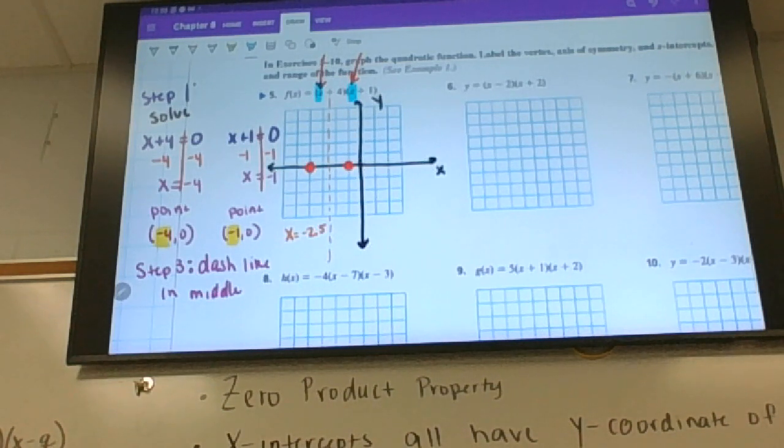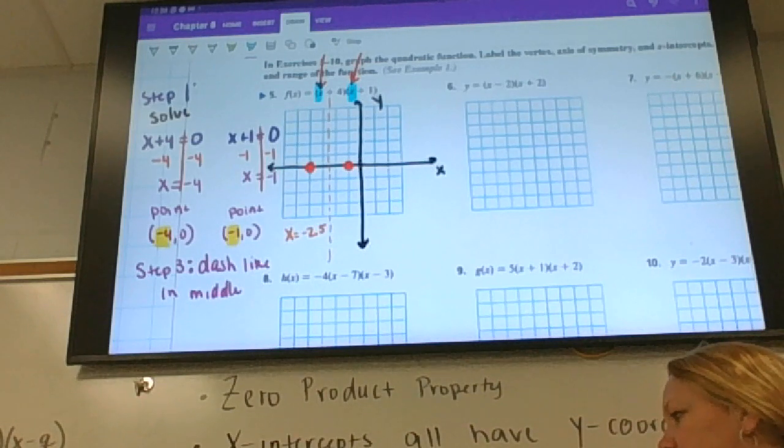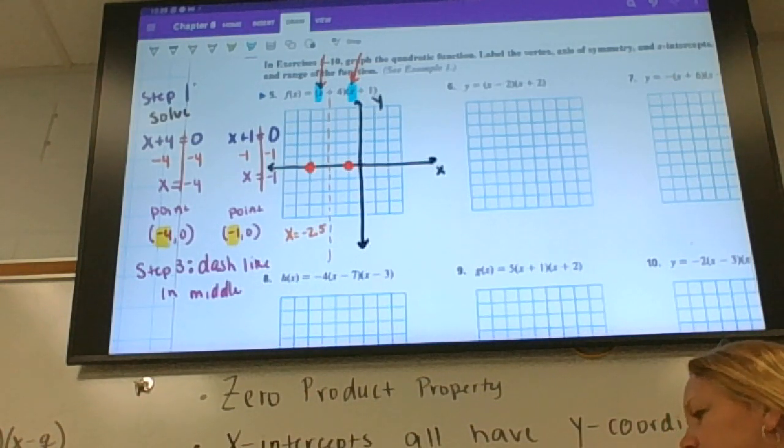Okay? So we're plugging it in for x in both of these parentheses. Like I said, maybe you want to use a calculator here. It's okay. This is 1.5 times -2.5. Anybody get a calculator out? Thank you, Christian. Can you tell me what 1.5 times 2.5 is?